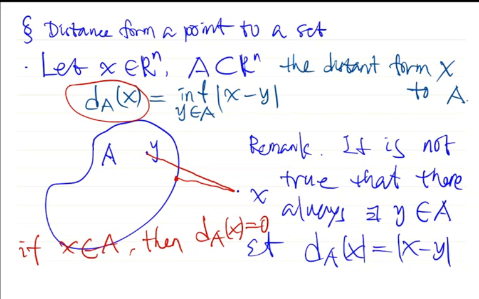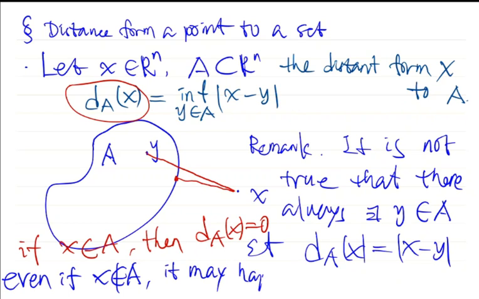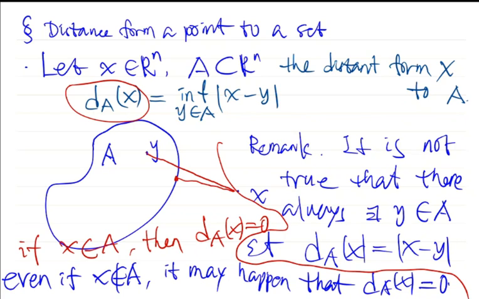But I remind you that even if x is not in A, it might happen that dAx is also 0. Okay, this is also possible. For example, if x is here on the boundary of A, but this point does not belong to A. This is also possible.